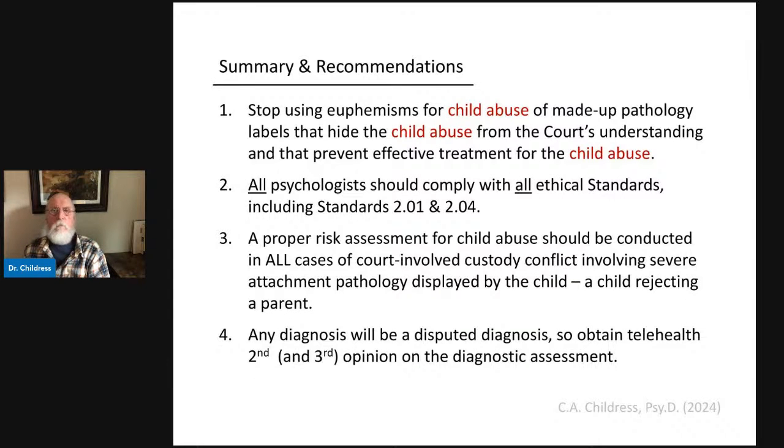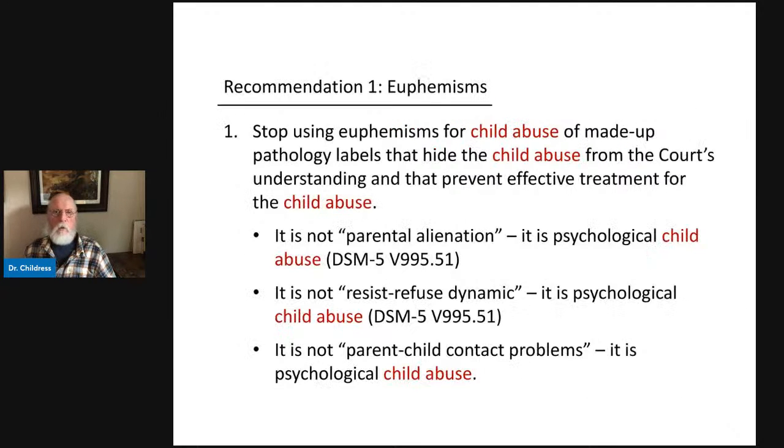Basically: stop using euphemisms, comply with ethical standards, conduct proper risk assessment for child abuse, and get a second opinion on the diagnosis. Number one, stop using euphemisms, made-up pathology labels for child abuse that hide the child abuse from the court's understanding and that prevent effective treatment for the child abuse.